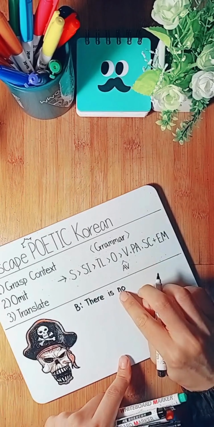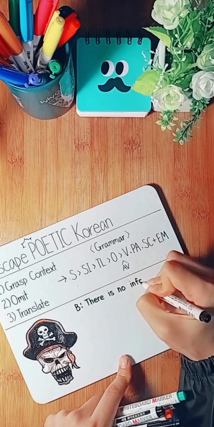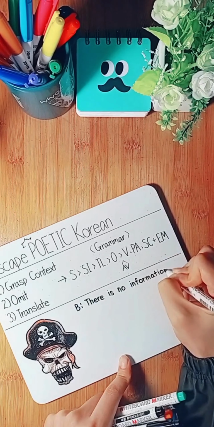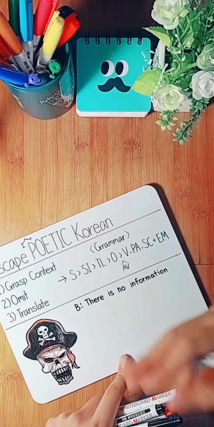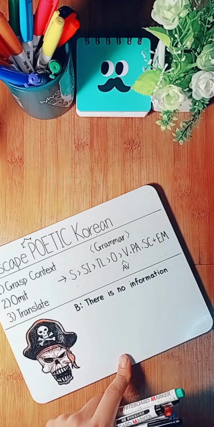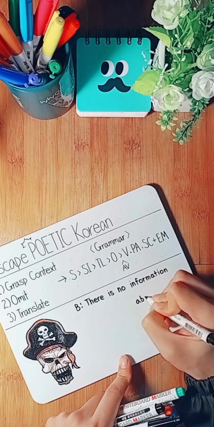So this is how you will say it in Korean. There is no information. And of course, in English, you can say on, but we're going to say about. When you're saying information on something, just use about. There is no information about that island.